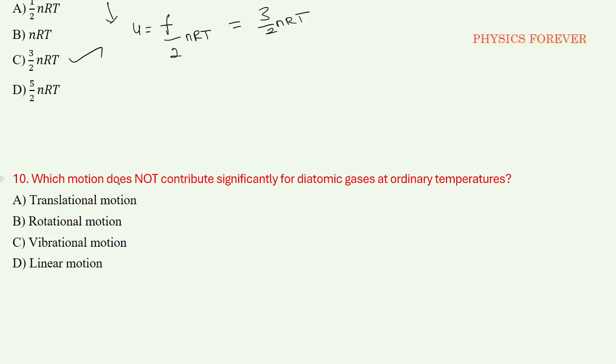So which motion does not contribute significantly for diatomic gases at ordinary temperature? Most important, which one does not contribute for diatomic gases? Translation motion occurs, linear motion occurs, so this one is wrong.